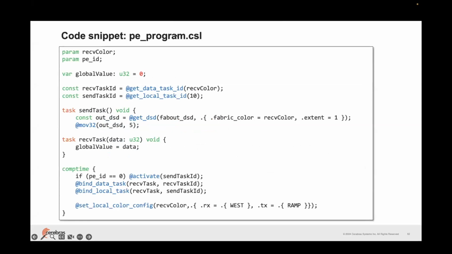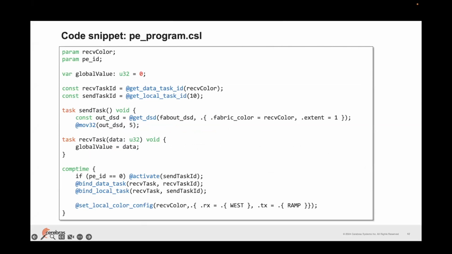Okay, so what does this peprogram.csl, the actual piece of code that we compile onto the PE, look like? So this piece of code here is an extension of the last piece of code I showed you. Apologies, I meant to remove this set local color config here, so ignore this last line. But we see you have 2 types of tasks.